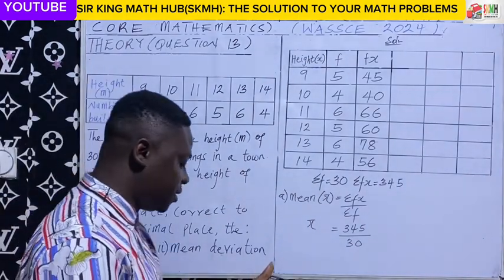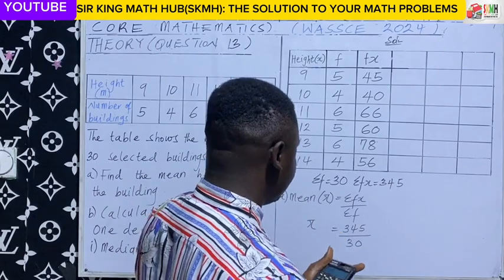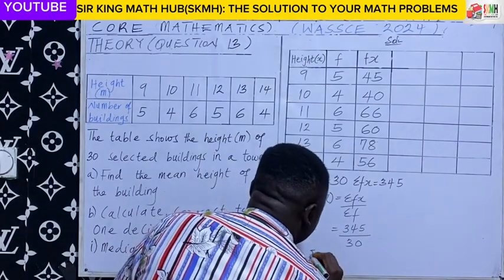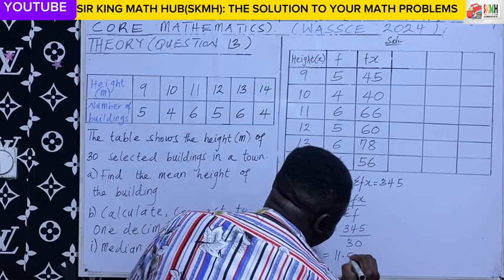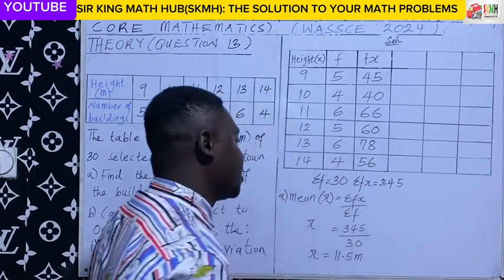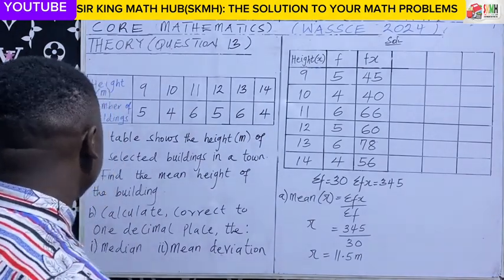So finally, 345 divided by 30. The mean height is 11.5 meters. That is the mean height, 11.5 meters.